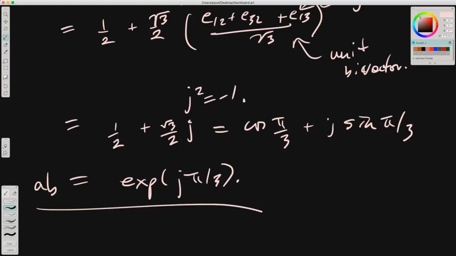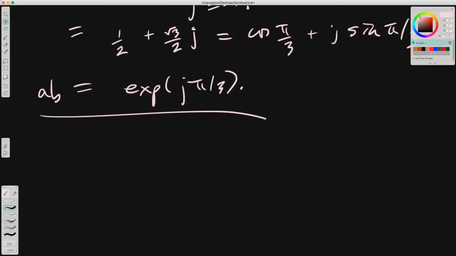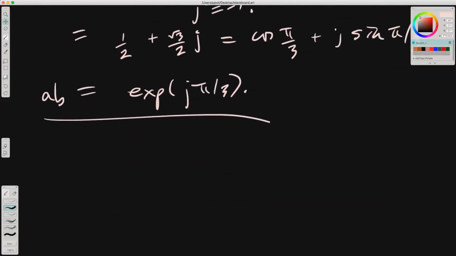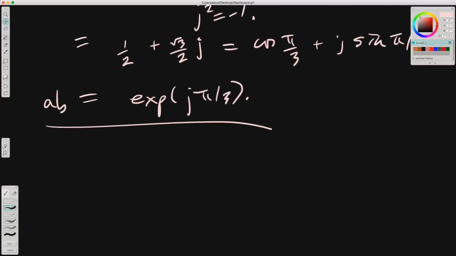The other way we can look at this is using the exponential form. So A was E3 times the exponential of the rotation from E3 to E1 of pi by 4.